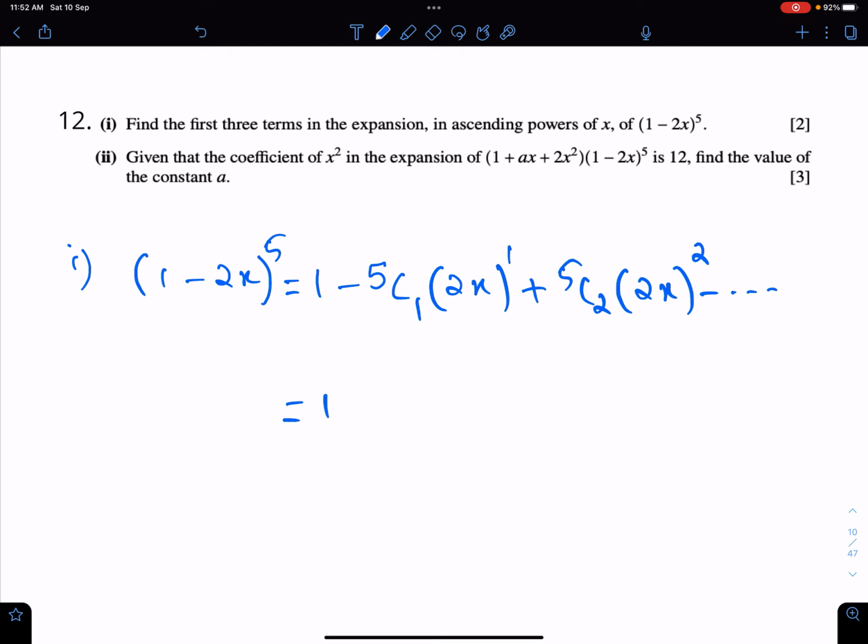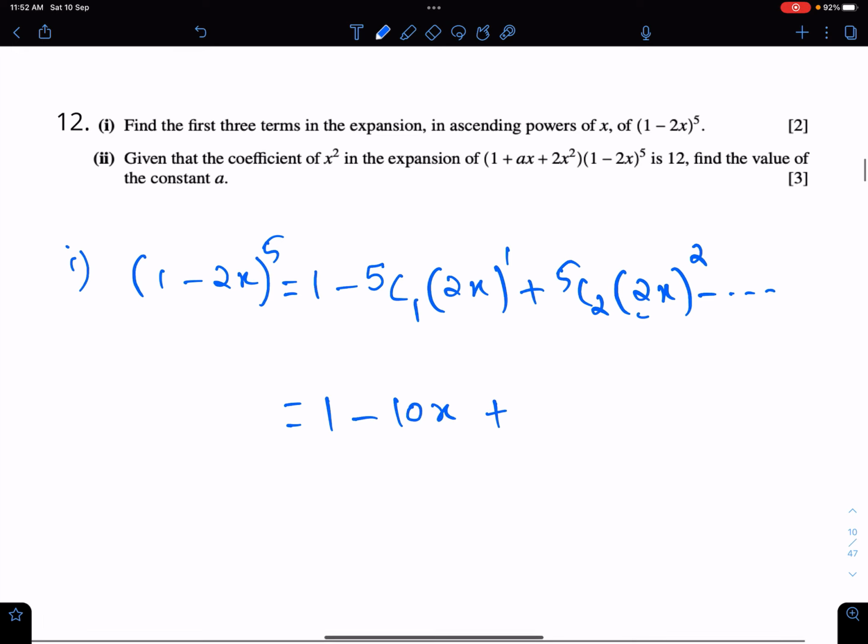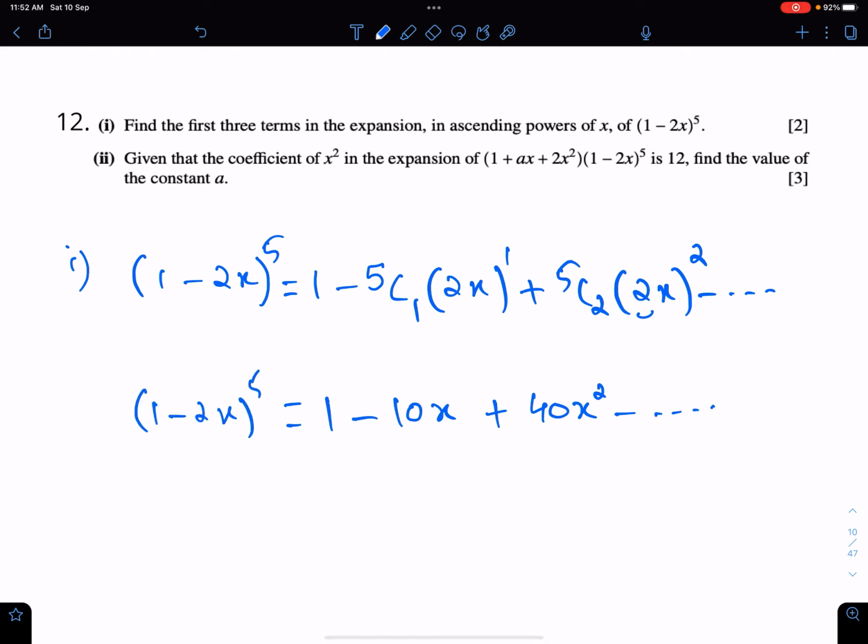Now simplify these results. 5C1 is 5, and 5 times 2 makes 10. 5C2 is 10, and 10 times 4 makes 40, 40x square. So this is the answer of the first part.